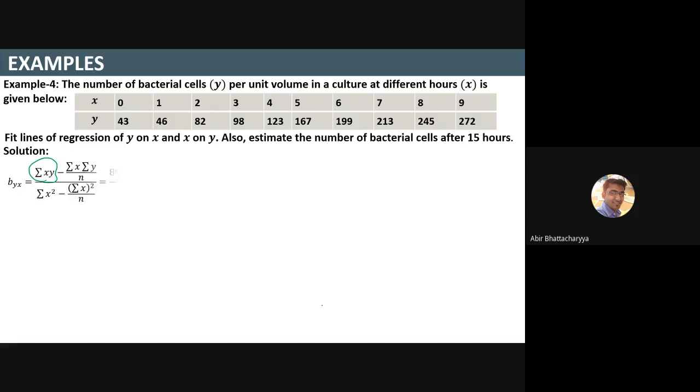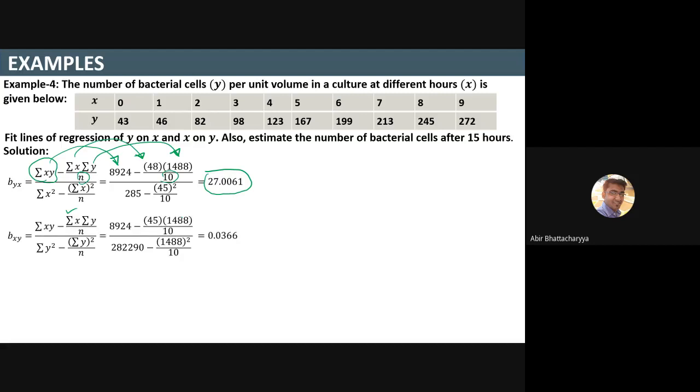So byx is summation xy minus summation x summation y by n over summation x square minus the square of summation x by n. Everything we have calculated: summation x equals 48, summation y equals 1488, summation xy equals 8924, n equals 10. Put n equals 10, and similarly for the denominator. After calculating, I get this result for byx.